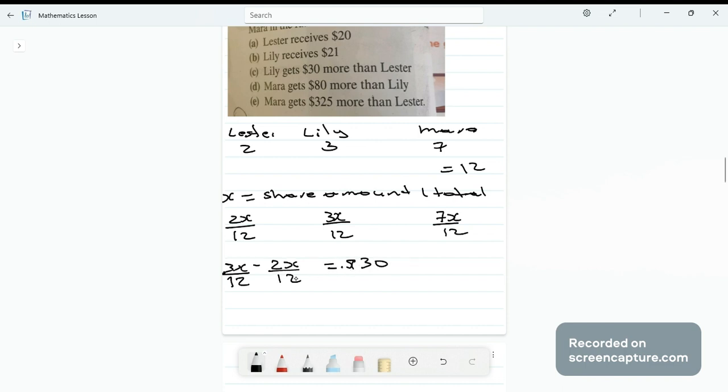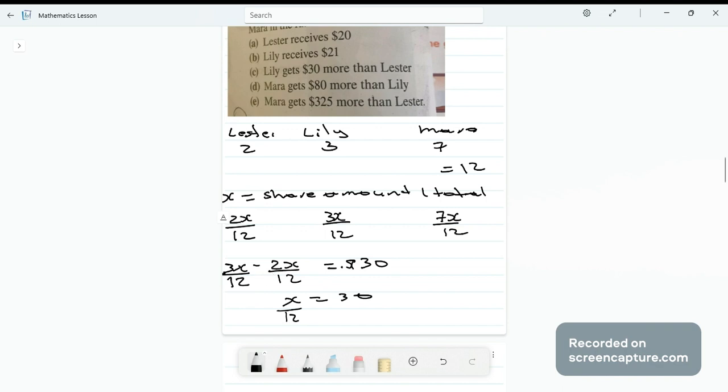This can be seen as a little algebraic subtraction. Same denominator: we have 3X minus 2X, which leaves X over 12 equal to $30.